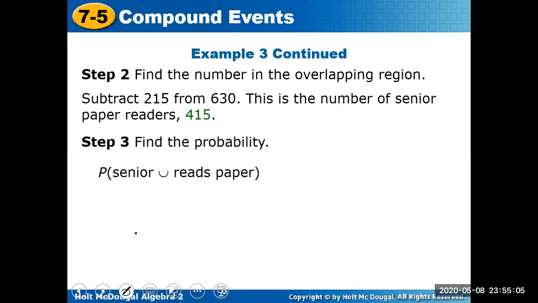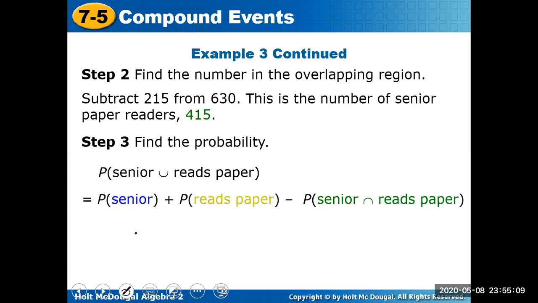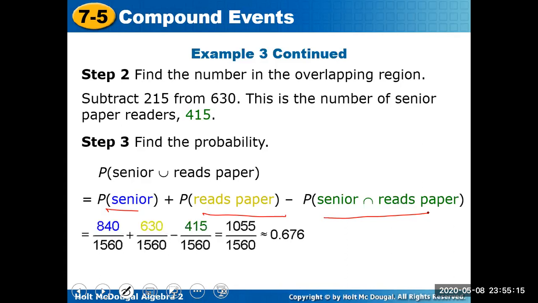Sorry, probability of senior union paper readers. Okay. So probability of senior plus probability of paper readers minus the probability of senior and paper readers. So 1055 over 1560 as I said, and the answer is 0.676.